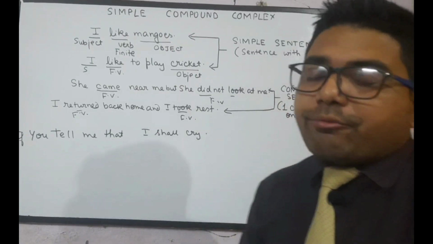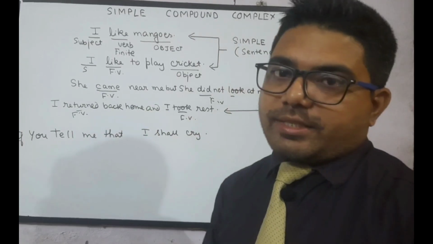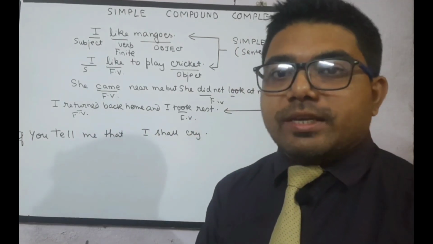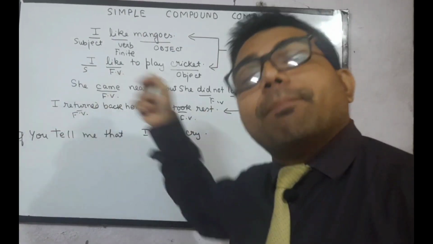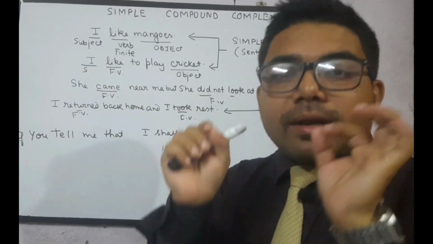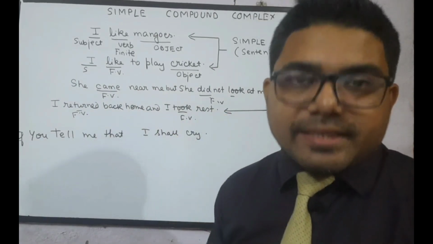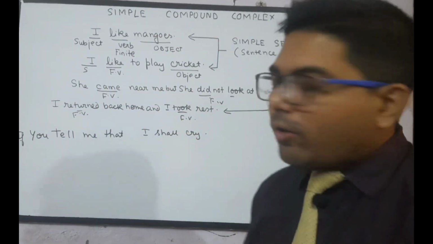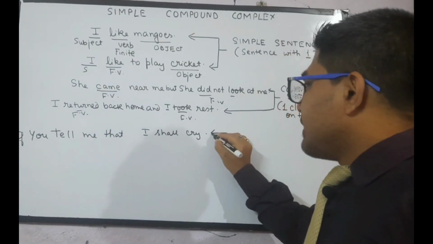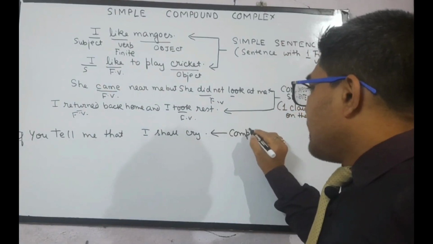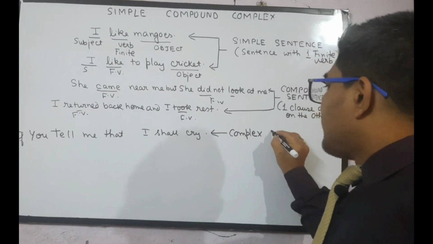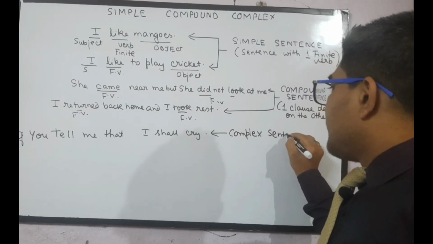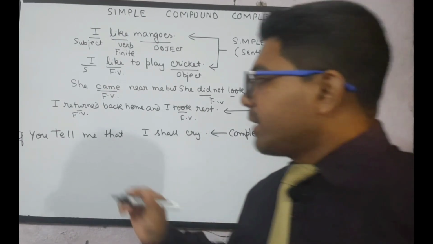So if in a sentence there are two clauses, एक sentence में अगर दो clause है, but one clause depends on the other for the meaning to get completed, then it is called complex sentence. So this is complex sentence.